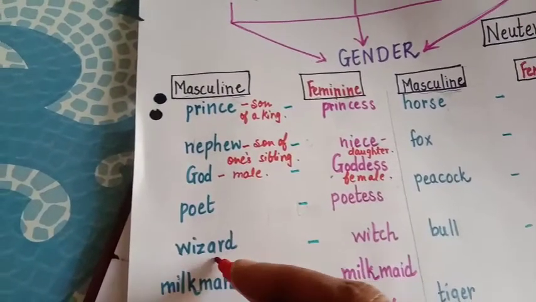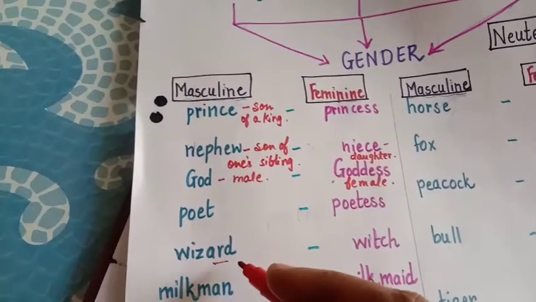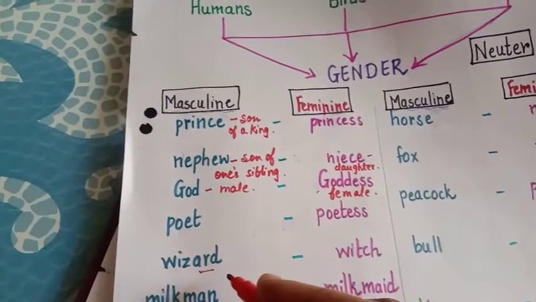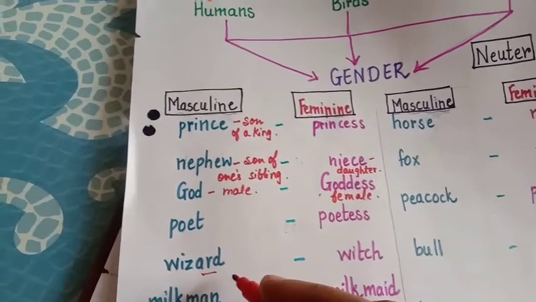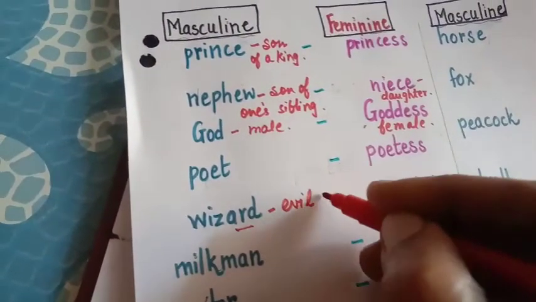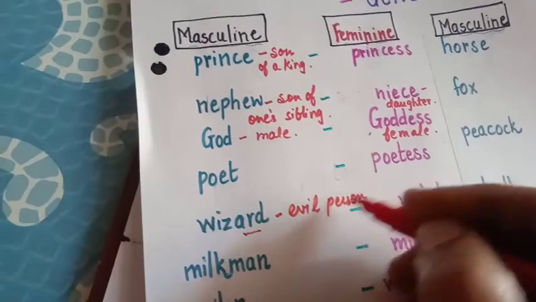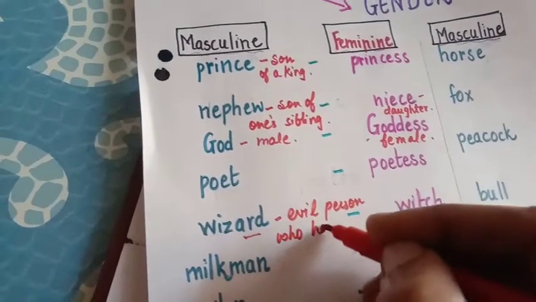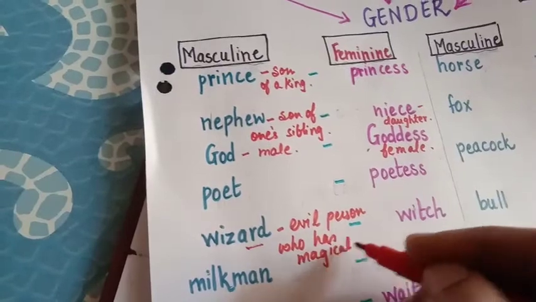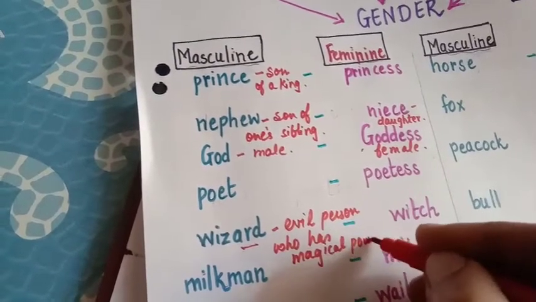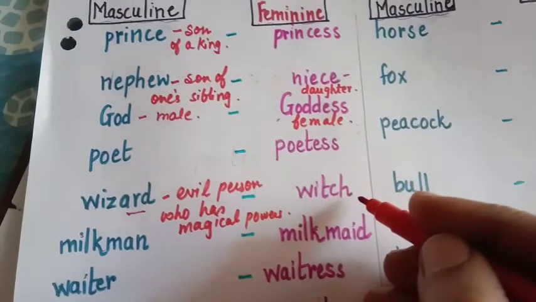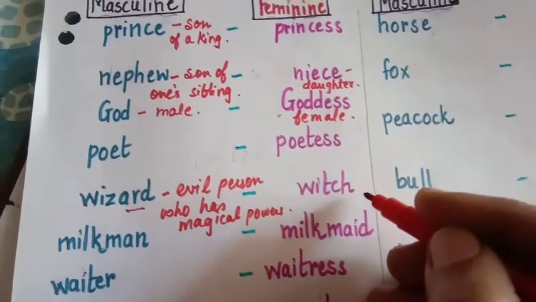Next is the wizard. A wizard is an evil person who has magical powers. Now, the female person who has got magical powers is an evil woman, a witch.